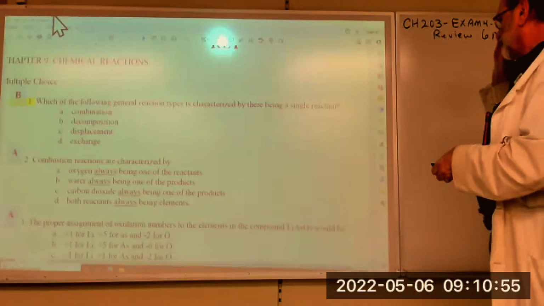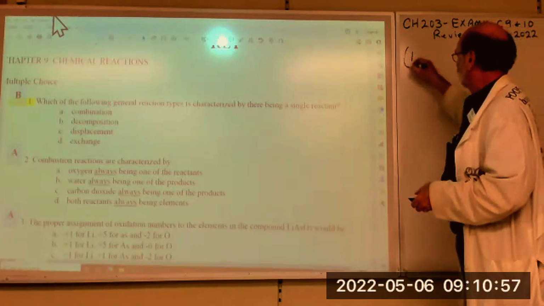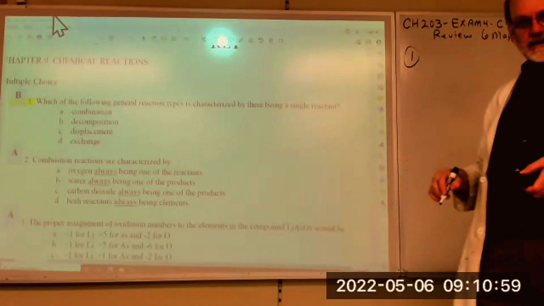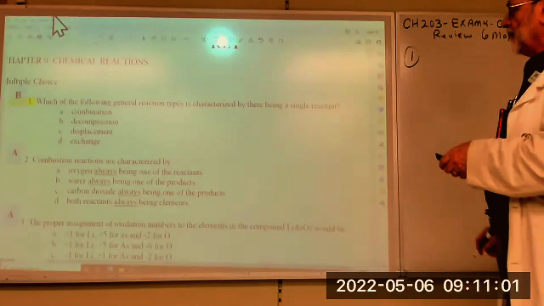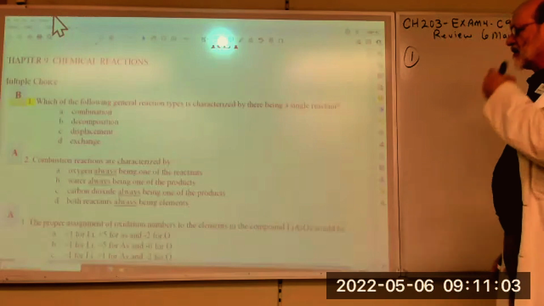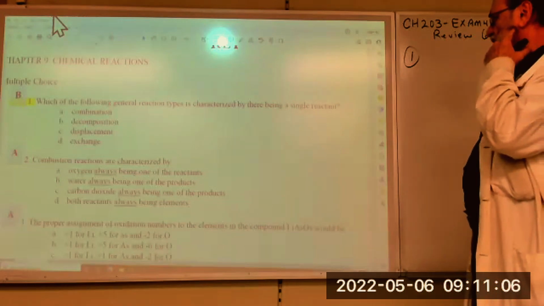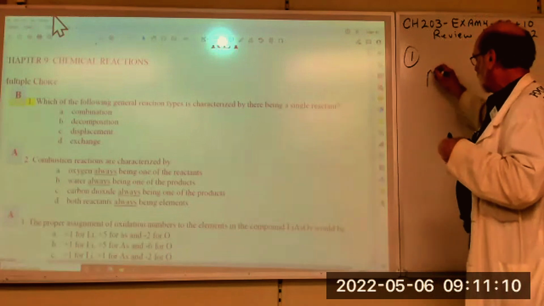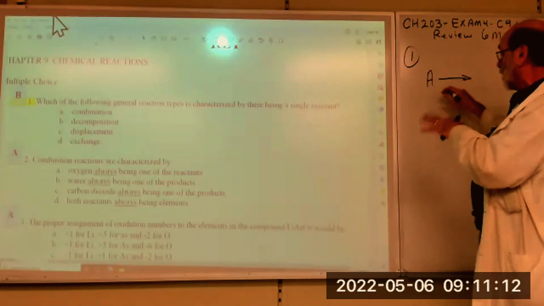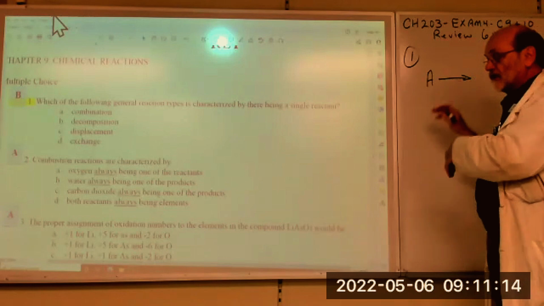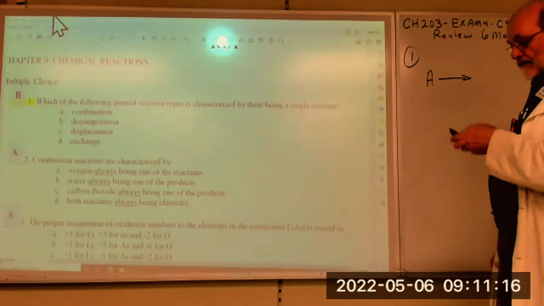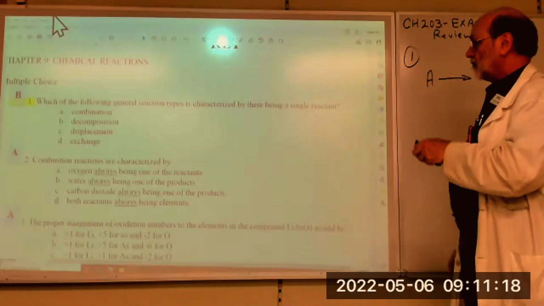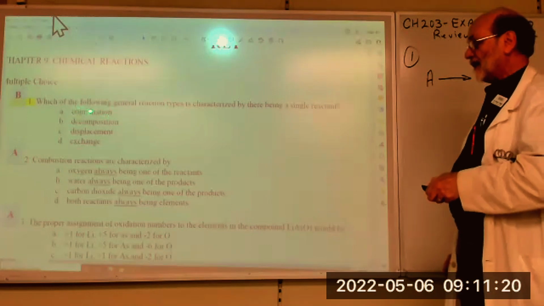Okay, number one. I'll just write that up there for the benefit of our viewing audience. Which of the following general reaction types is characterized by there being a single reactant? So you've got something here, that's all there is, and it makes something else, right? So probably not a combination.